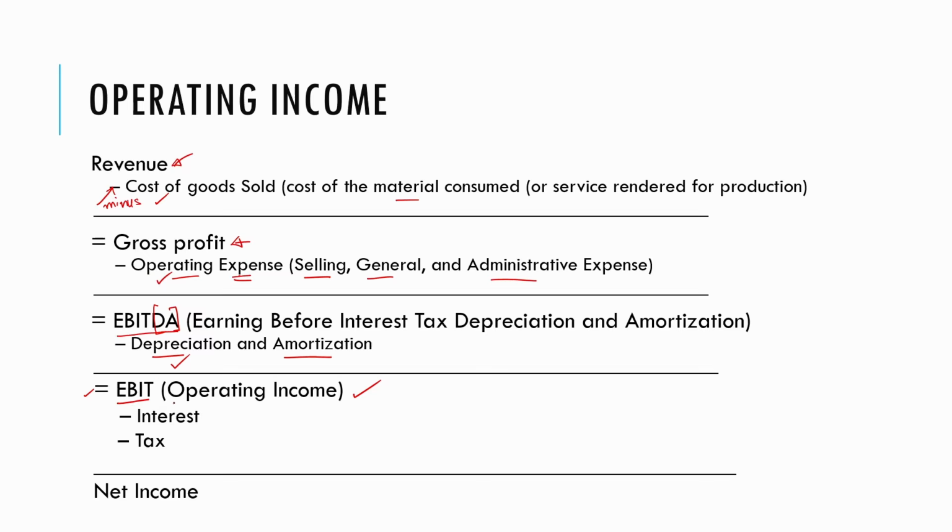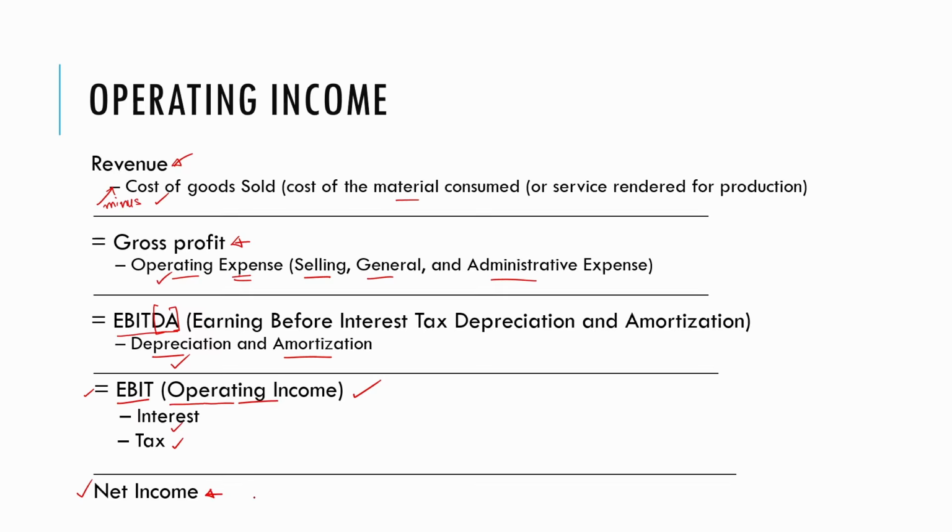And operating income you have learnt already, and if you subtract the interest and tax, you will get the net income finally. Sometimes it is also possible that knowing the net income, we can backtrack the operating income.